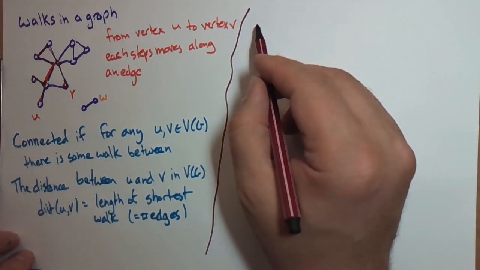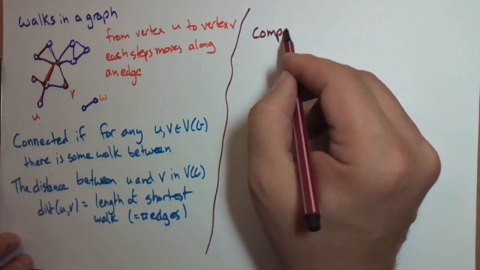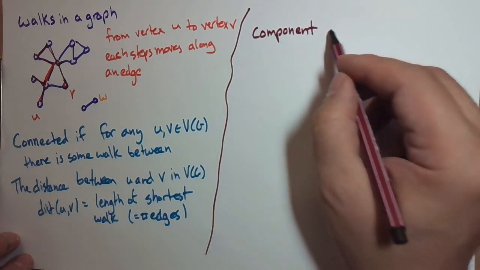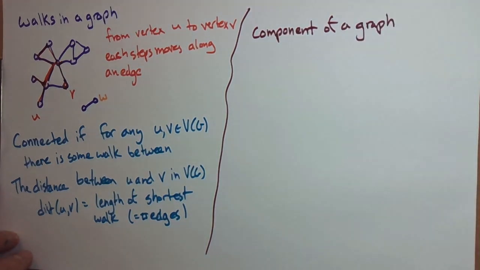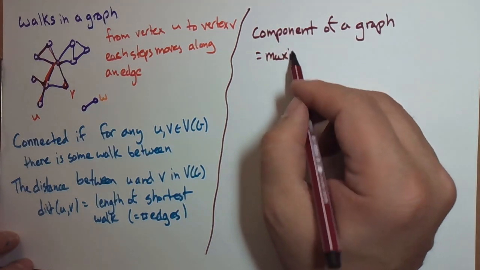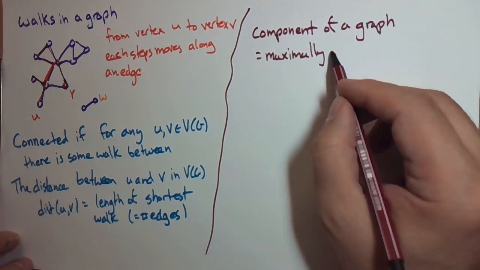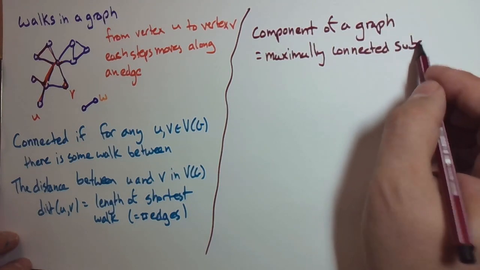All right. Well, since we've defined connected, what's a component of a graph? Maximally connected subgraph. Okay, good. And now you have another question. What's a subgraph?